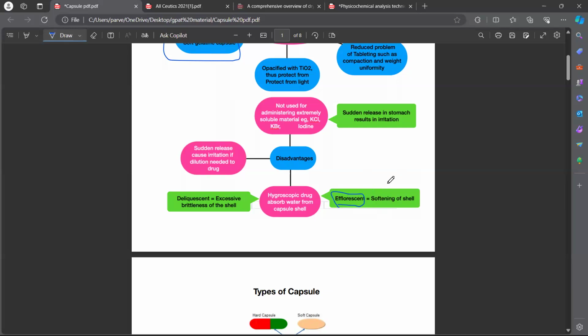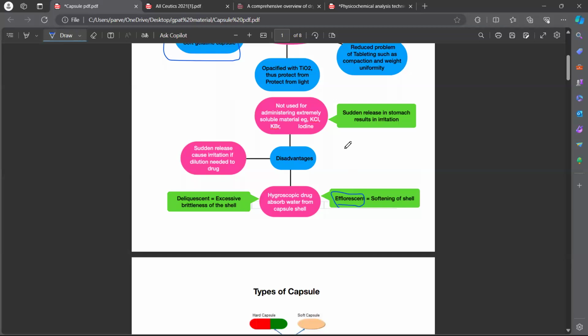Efflorescence and deliquescence. These are the two terminologies which have to be kept in mind, and you should not get confused between these two terms. That which produces CO2 is effervescence. Efflorescence is different. Efflorescence is something which releases water from it.